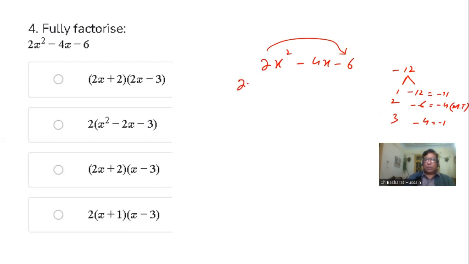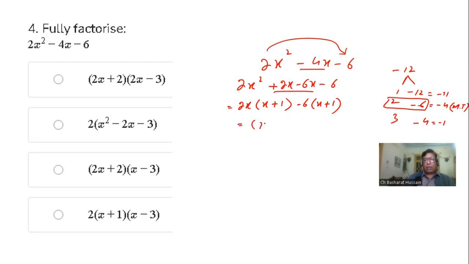So now you can separate this: 2x squared plus 2x minus 6x minus 6. We split the middle term like 2 minus 6, which is minus 4. Take common 2x, x plus 1. Minus 6 is common, x plus 1. So x plus 1, 2x minus 6.